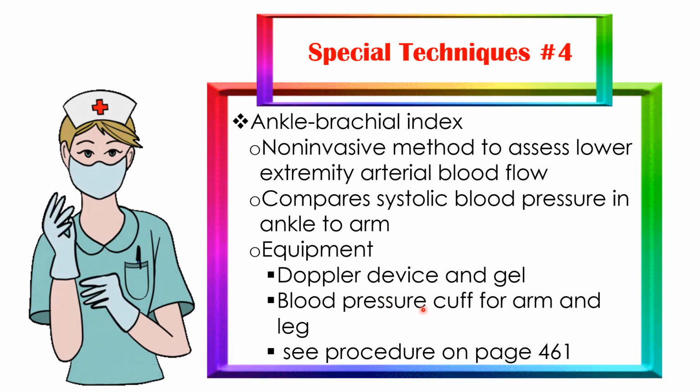So the following equipment are needed to perform ankle brachial index. You need a Doppler device and gel, and blood pressure cuffs for the arm and leg, and you can check your book on page 461 for the procedure.